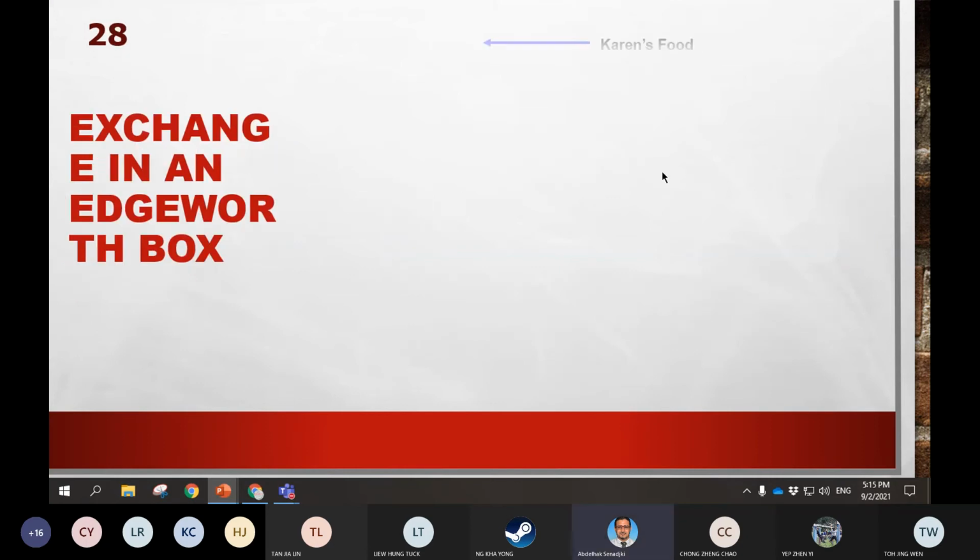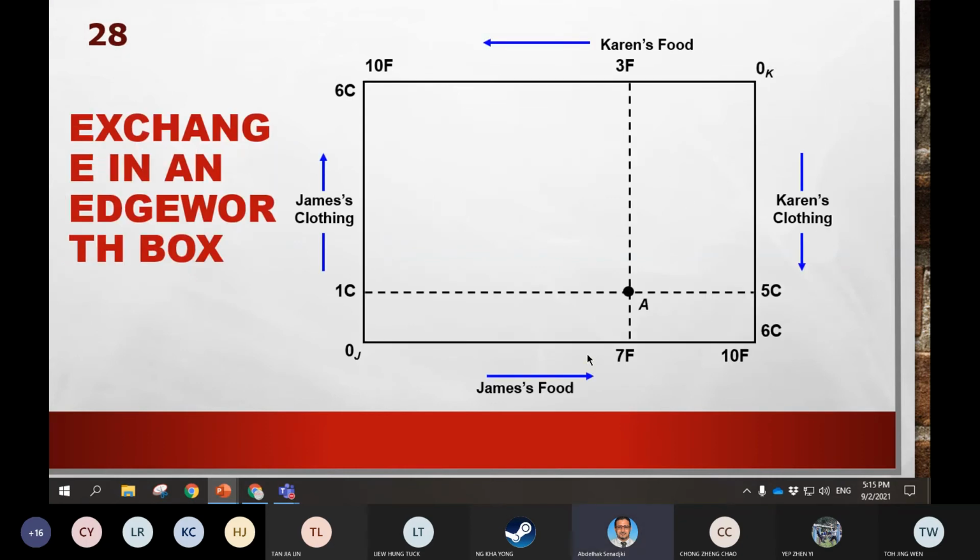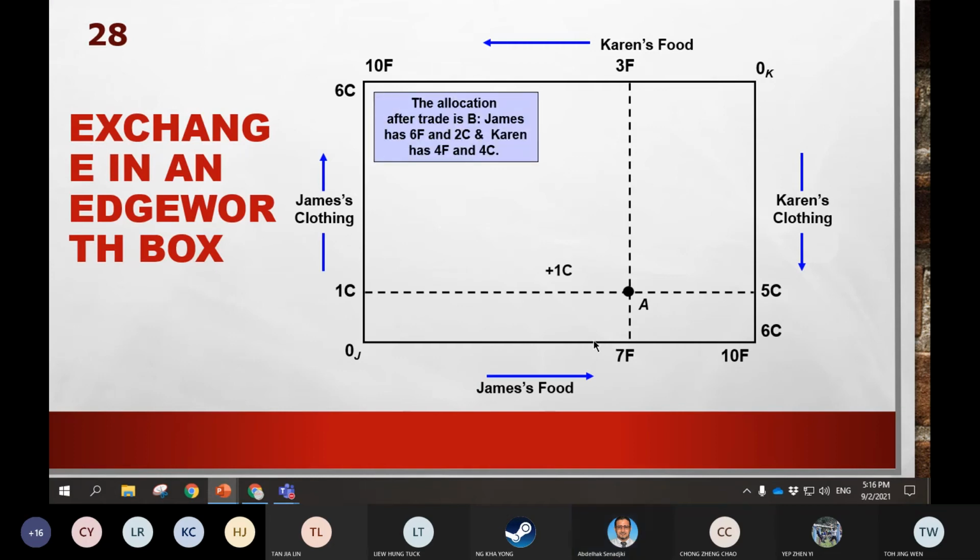Now, this is the graph after they traded, so we can see the effect of trade between Karen and James. James gives up 1 food in exchange. When James gives up 1 food, instead of 7, he will have 6. And he gets 1 cloth, so he has 1, it becomes 2. Same for Karen.